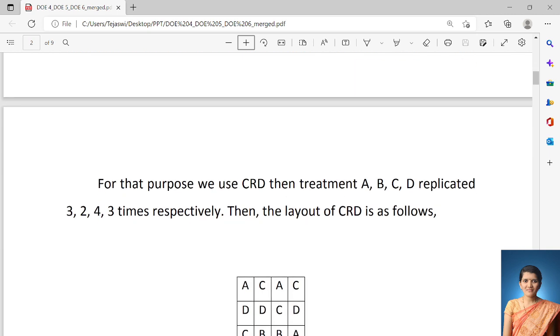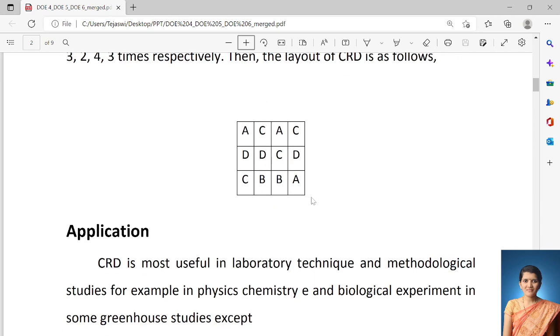For the purpose we use CRD, and the treatments A, B, C, D are replicated 3, 2, 4, 3 times respectively. Means A is replicated 3 times, B 2 times, C 4 times and D 3 times. Then the layout of CRD is given below. This is the layout of the design. Total 12 experimental units.